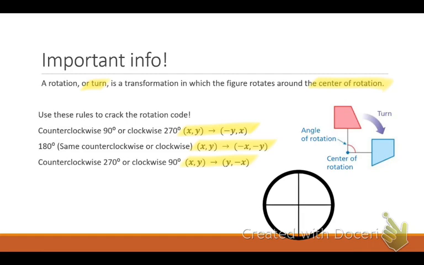This one might actually be helpful for you to write in your notes. Let's say that this point right here is like our starting point, our 0, okay? And then for each 90-degree turn, it increases by 90 degrees.